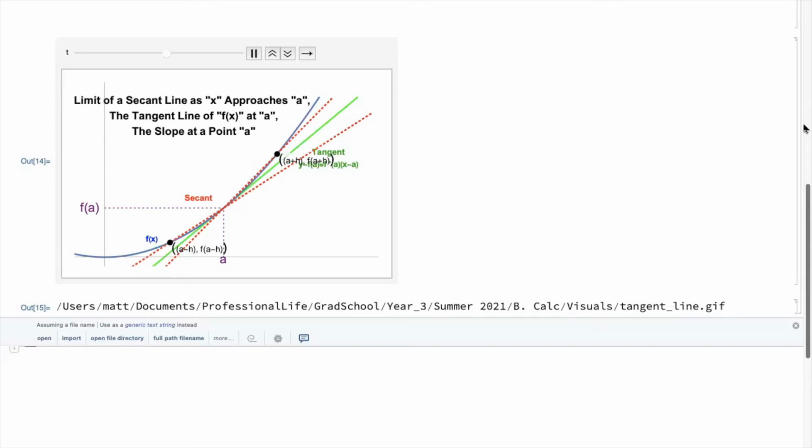Just to demonstrate that for really small values of delta x close to 1, our secant lines will be close to our function. And as we choose smaller and smaller delta x's, our values will get closer and closer to our function. Does that make sense what I mean? And that's kind of what we see happening up here, right?